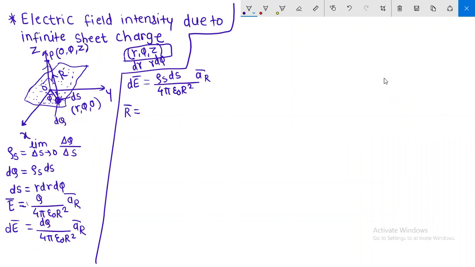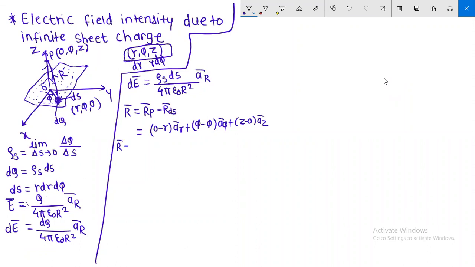Okay. So find R bar. R bar is end point minus start point. Means this is R bar P minus R bar ds. So it is 0 minus r into unit vector a bar r, plus second coordinate phi minus phi into unit vector a bar phi, and plus last coordinate z minus 0 into unit vector a bar z.